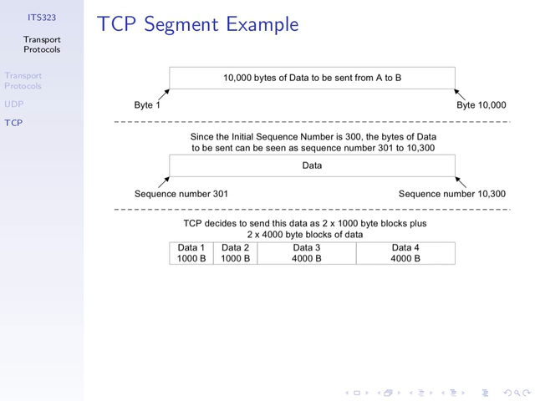So in fact the first byte of data that A is going to send we can think has sequence number 301. And each byte corresponds to a sequence number. Therefore the last byte here, the 10,000th byte, would have sequence number 10,300.